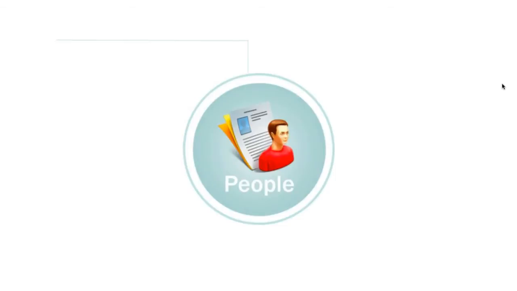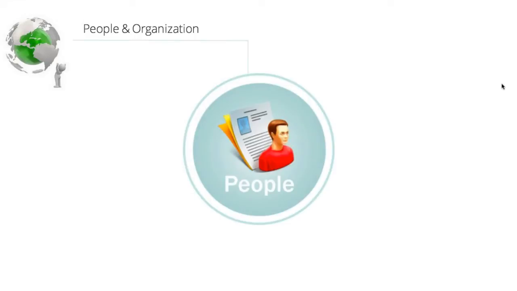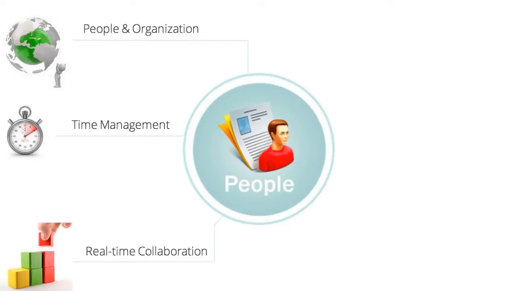In Zoho People, we have modules to address every aspect of HR management. For your people and organization, we have the centralized employee database and self-service options. For your time management, we have the attendance, time off, and timesheets. For your employee collaboration, we have instant notifications and feeds.